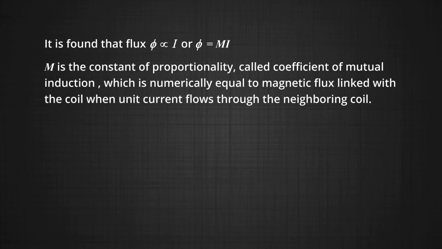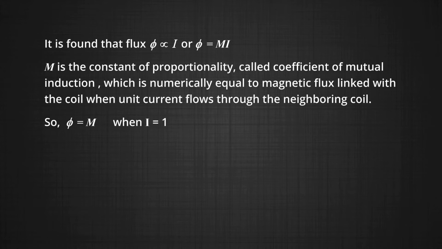It is found that the flux phi is proportional to I, or phi is equal to M into I. M is the constant of proportionality called the coefficient of mutual induction, which is numerically equal to the magnetic flux linked with the coil when unit current flows through the neighboring coil.